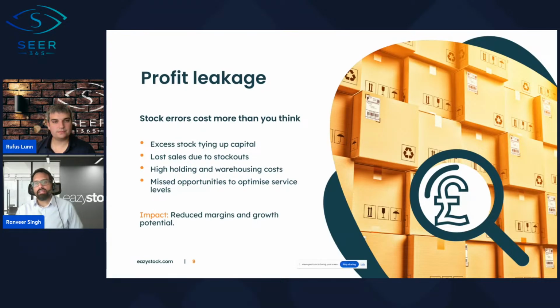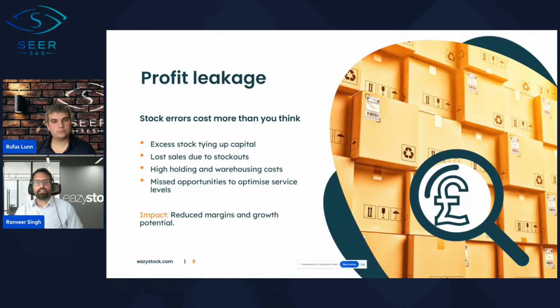Then we've got profit leakage, right? These are some of the obvious ones, to the extent that you can calculate them. Lost sales, maybe not without a good process, but if you've got a good process, then you can usually track it. But if you look further than this, it's also the reputation of the business you've got to think about, right?